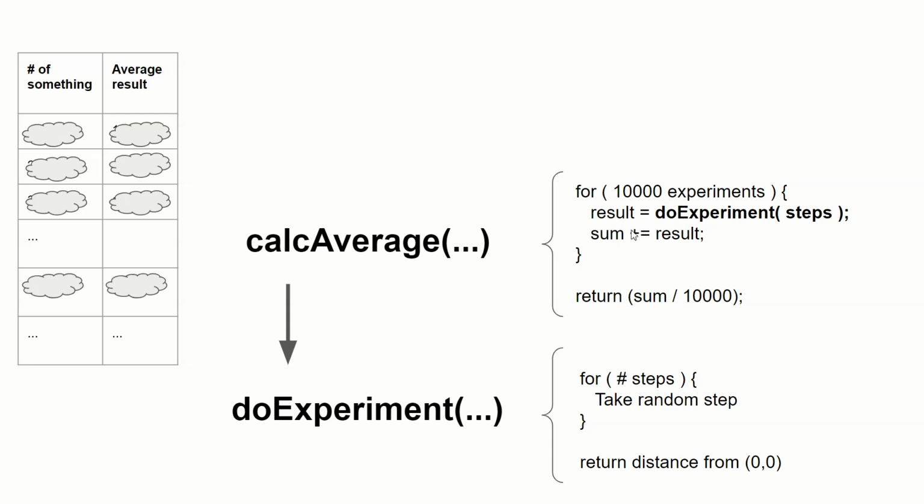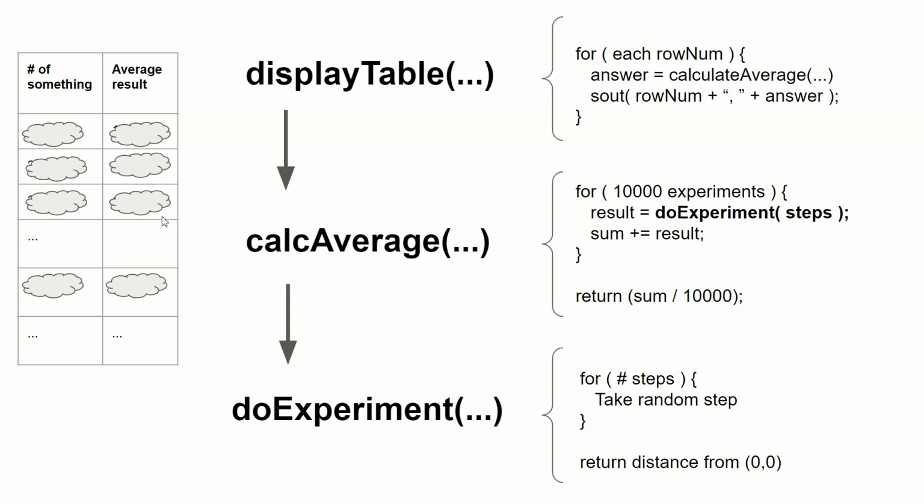We just get the results, add them together, divide by how many. And that's enough to give us one of these numbers in the table, specifically whichever number corresponds to the average displacement for the steps we're taking. But then we need to run the calculate average method over and over and over again, once for each row in the table. So if you need to, you can pause this slide and look at it.